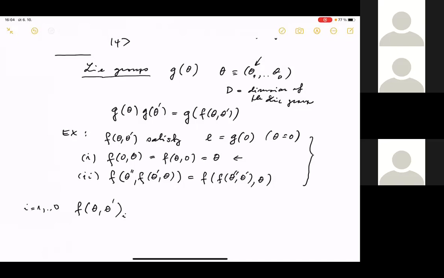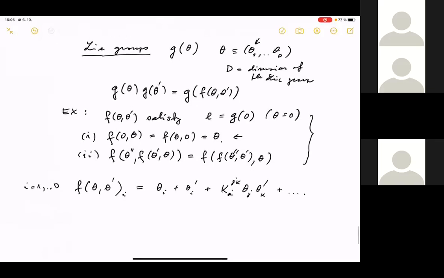And if we try to Taylor expand this function, there is no constant term because of this, and the only possibility for the linear terms in the parameters is the sum of them, and the quadratic terms in theta and theta prime should look like k_i jk theta j theta prime k plus higher order terms.